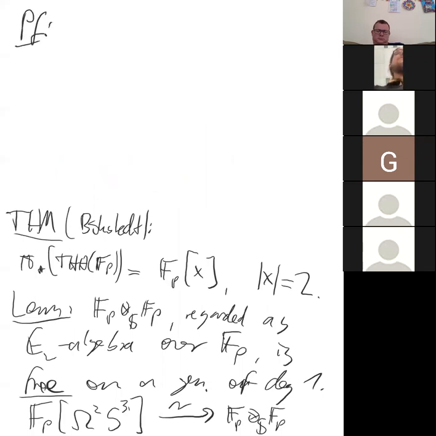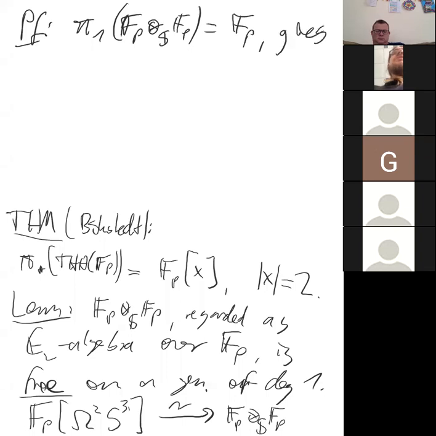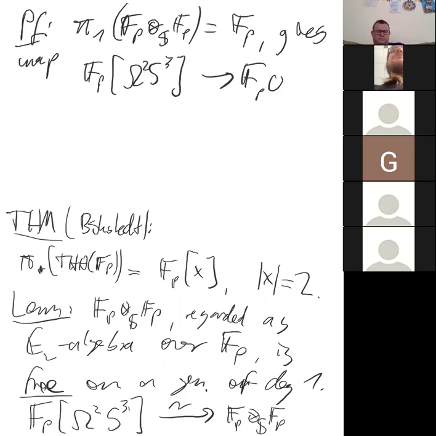So the proof is, well, you compute π_1. That's just F_p. And then this gives you a map from the free E2 guy, and you want to show that this is an equivalence.